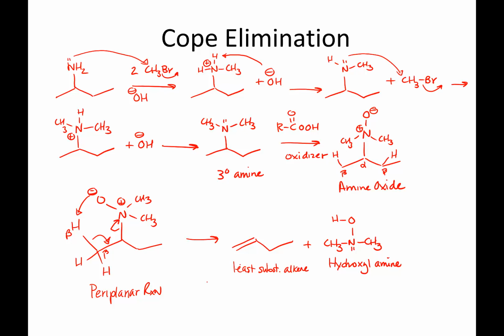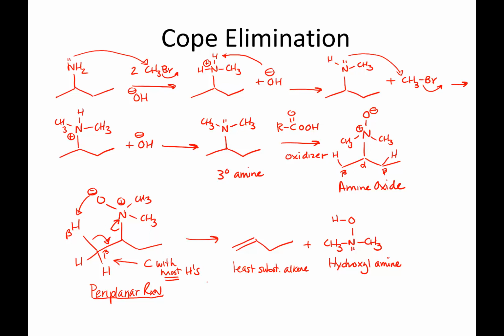by the amine oxide removing a hydrogen from the carbon with the most hydrogens, and it does so by a periplanar reaction, so that the amine oxide and the hydrogen have to be in the same plane.